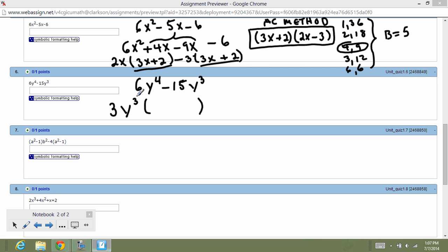So we're dividing out 3y cubed, and that's going to leave us with the first term being a 2y. Make sure you confirm that for yourself. And then the minus 15y cubed, divide out 3y cubed, and you're left with a minus 5. And that factorization is finished. That was all there was to it.